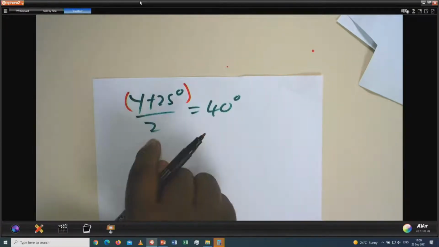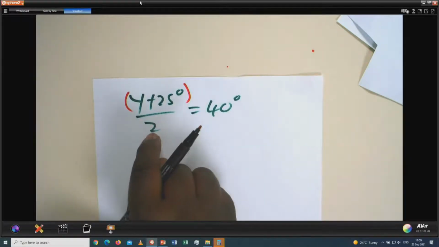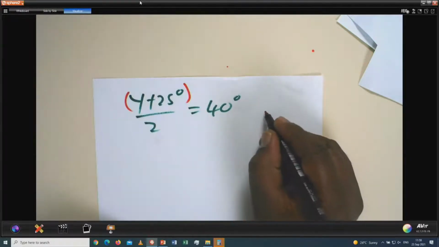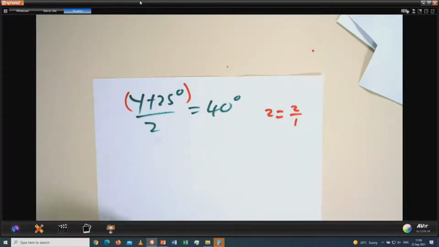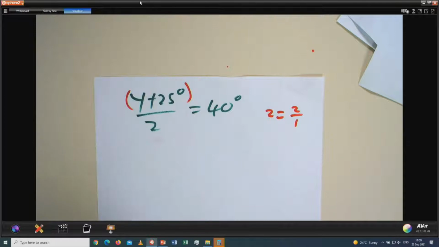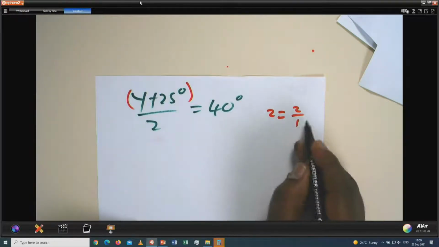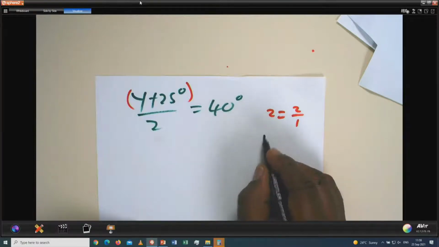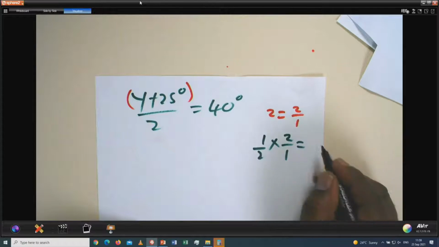By doing that, you have to multiply this with an inverse, which is 1 over 2. Remember, 2 means 2 over 1. Therefore, what is an inverse of 2 over 1? What are you going to multiply 2 over 1 with to get 1? You will multiply it with 1 over 2, it will give you 1.